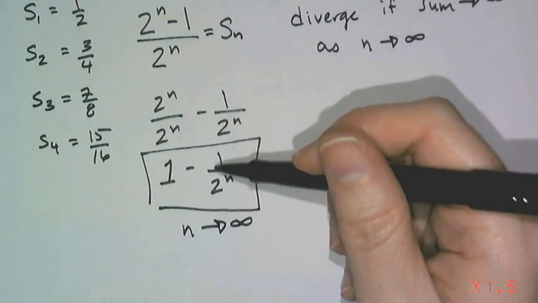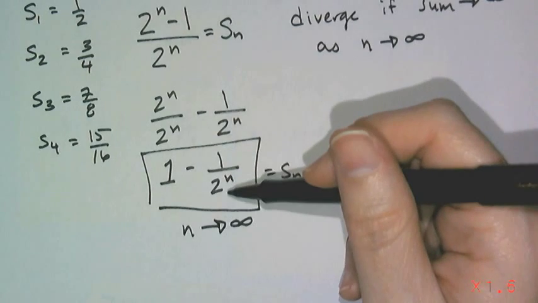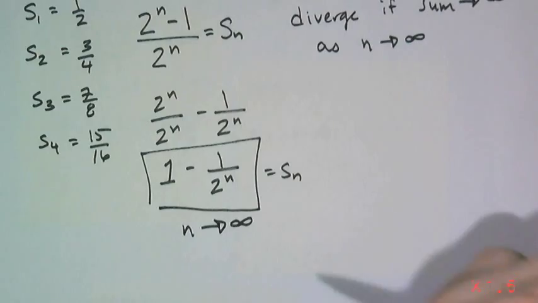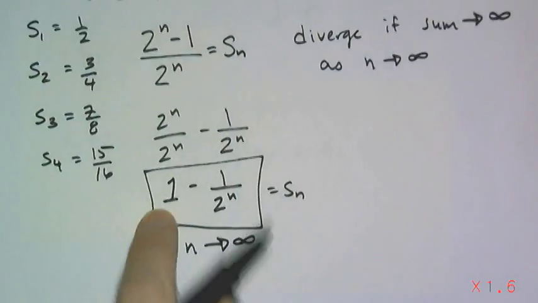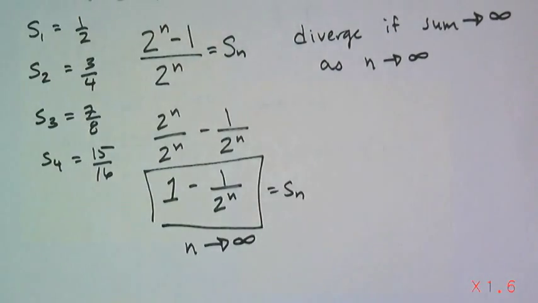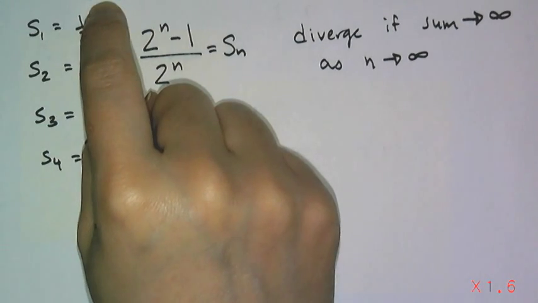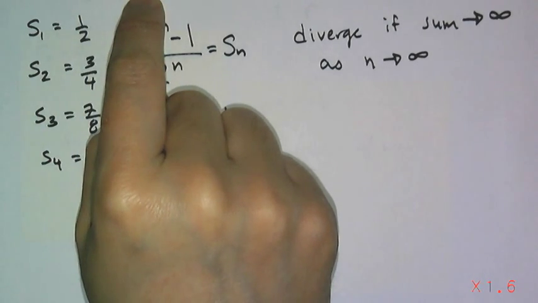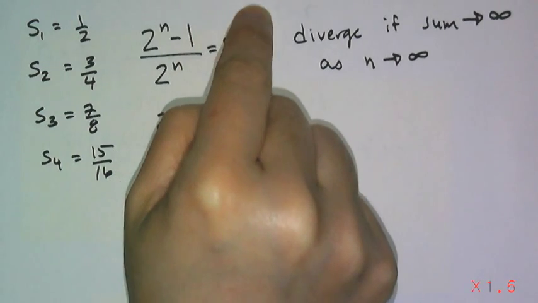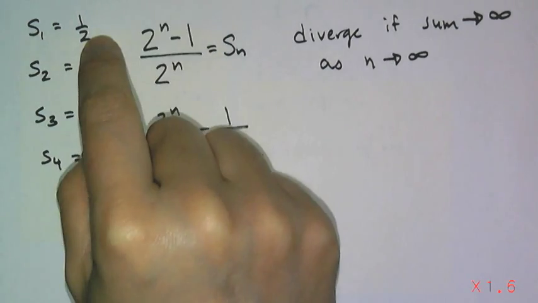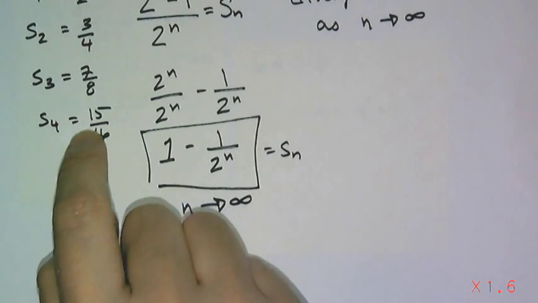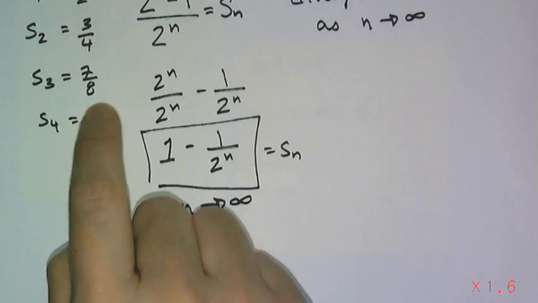It becomes infinitely small, and so I'm subtracting off something infinitesimally small at the end from 1, so therefore this sequence here, 1/2 plus 1/4 plus 1/8 plus 1/16, is said to converge to the value of 1, because as you add more and more terms, your answer is getting closer and closer to 1. And you can see that just in these terms here, that this series is going to converge to 1.